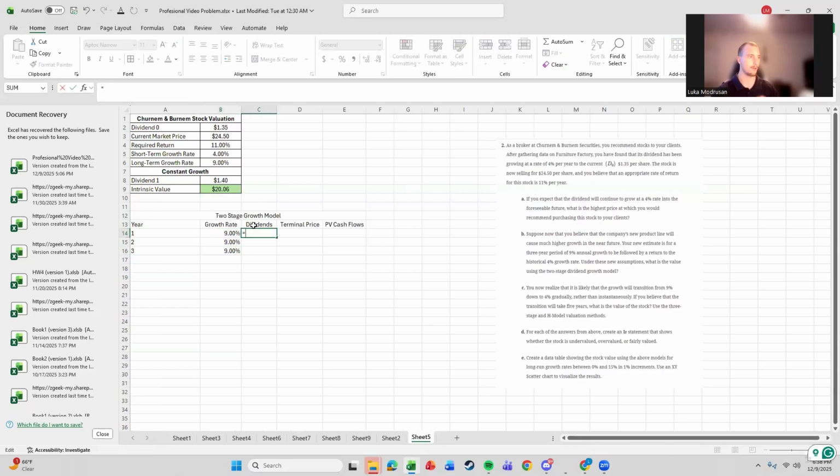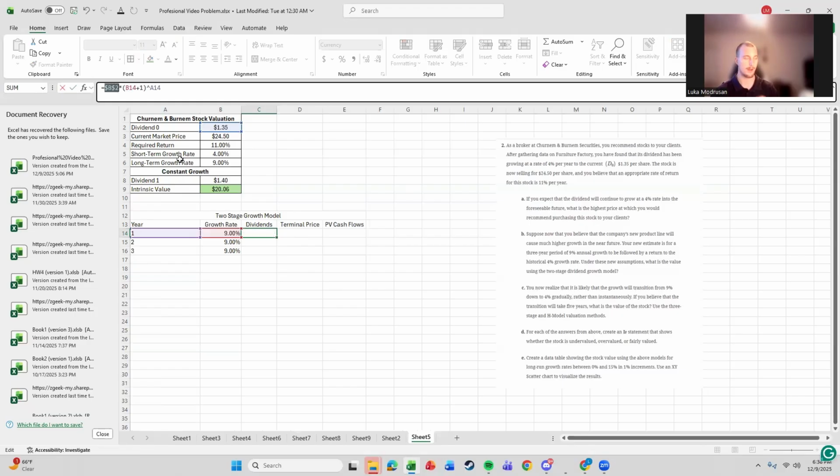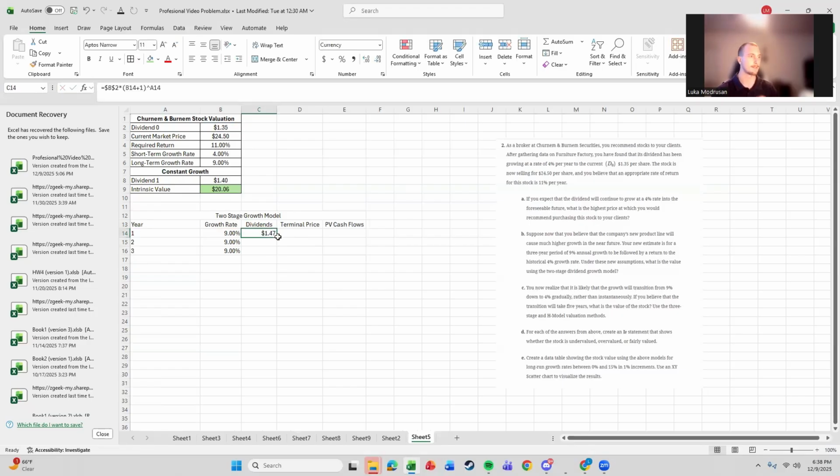And then dividends is going to be equal to this times the growth rate plus 1 to the power of the first year. Make sure to lock that one. And then let's drag this down. Okay, terminal price, we'll do that last.